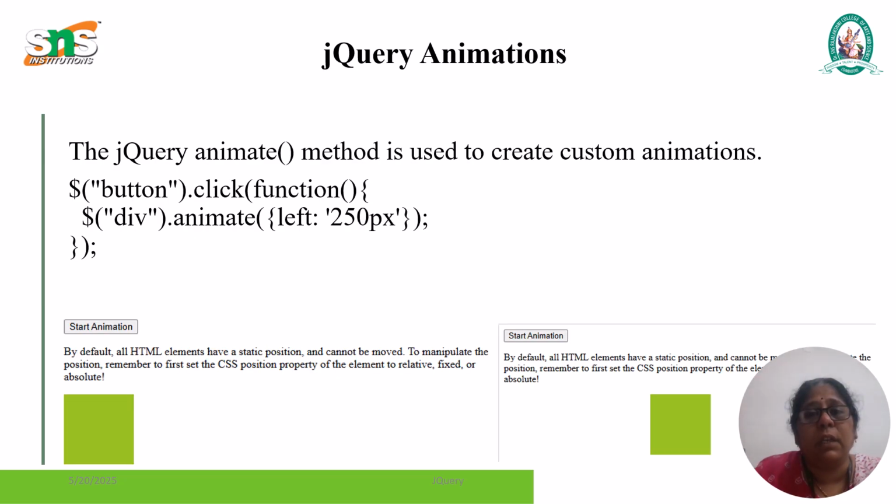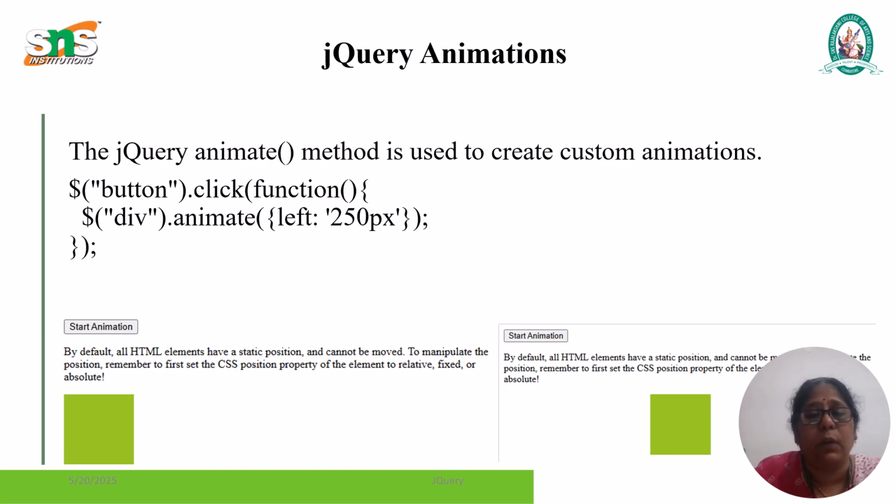Then in jQuery you can also do animations, and the jQuery animate method is used to create custom animations. Here you have dollar followed by button dot click function of dollar div element dot animate left 250 pixels.